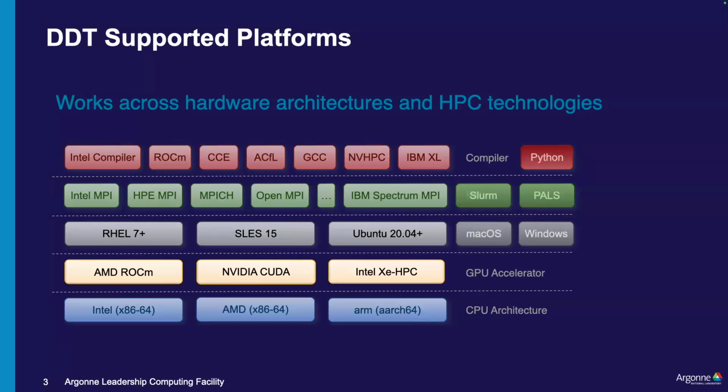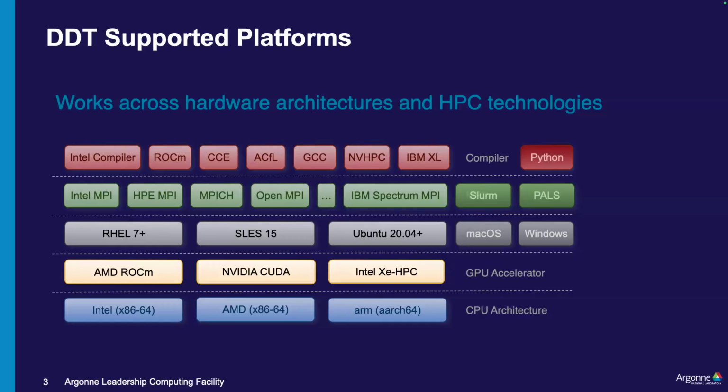In terms of languages, we support C, C++, Fortran, as well as Python, and also a range of different startup mechanisms like Cray PALS, which is what has been used on Polaris. The main takeaway is that it doesn't matter which hardware architecture or system you're running on, the debugger will work.